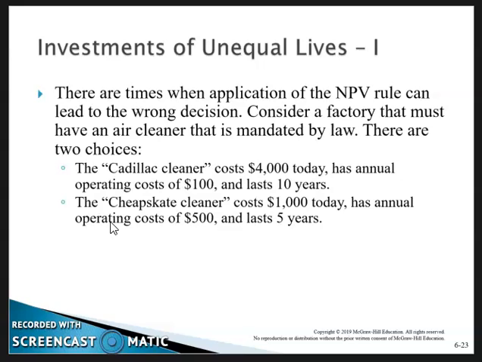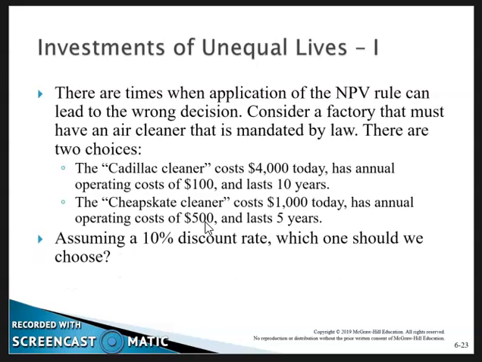So the example: a factory needs to install an air cleaner that's mandated by law. There are 2 choices. There's a Cadillac cleaner that costs $4,000 today, costs $100 annually and lasts 10 years. And then there's the Cheapskate cleaner that costs $1,000 today and has operating costs of $500, but it only lasts for 5 years. So you assume a 10% discount rate.